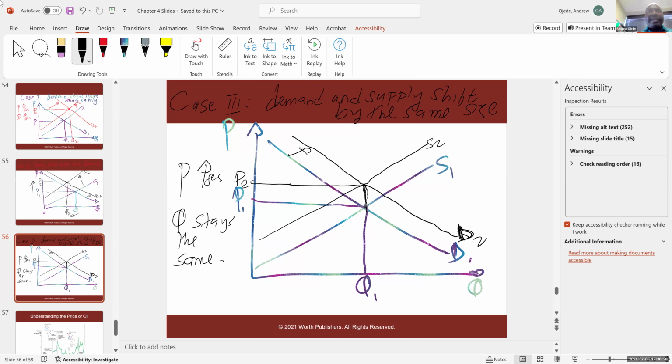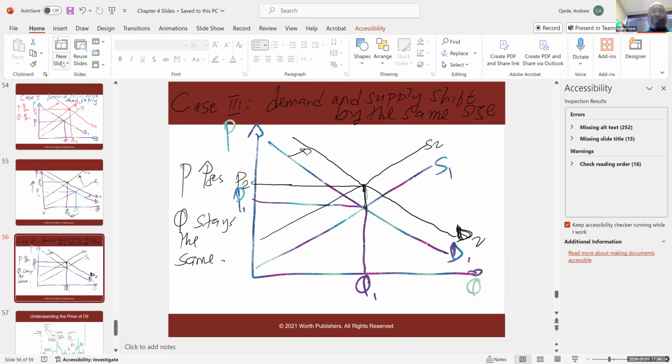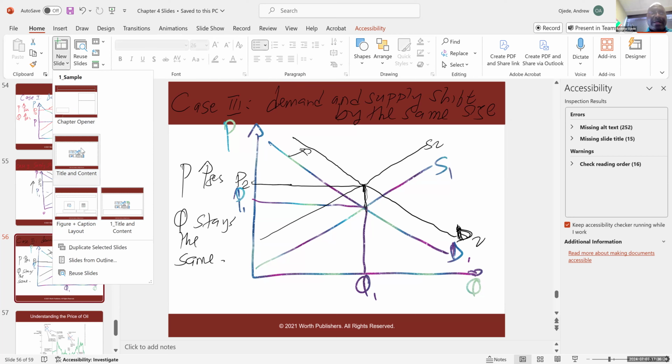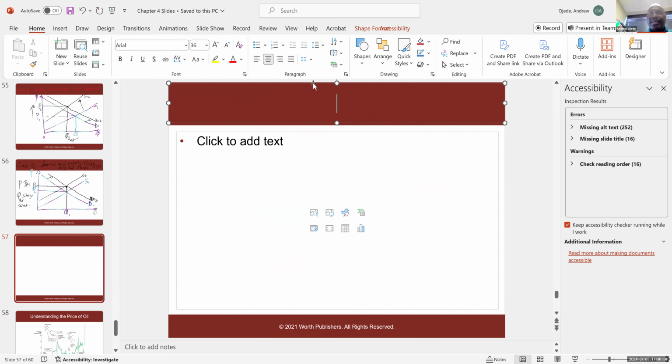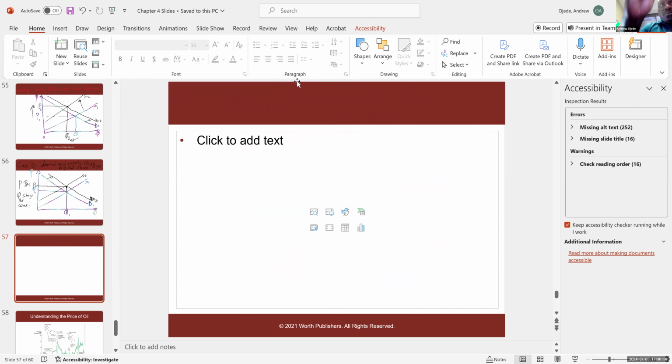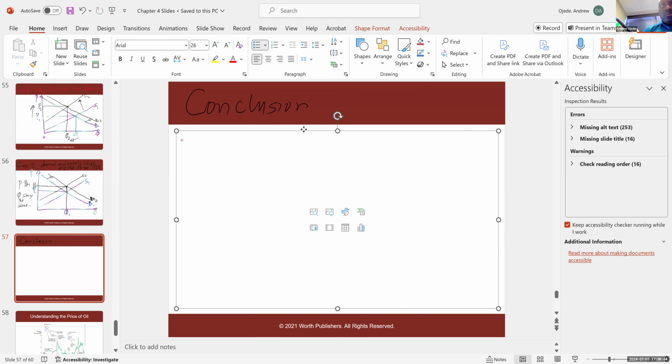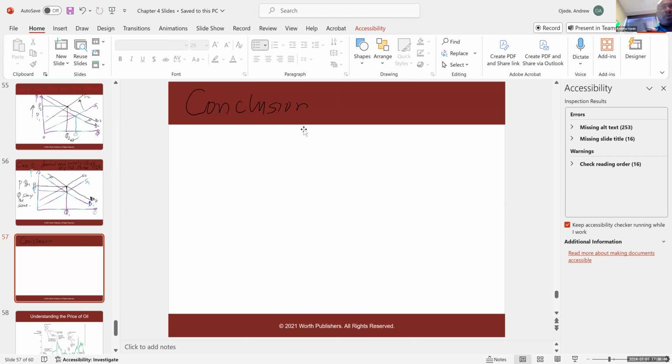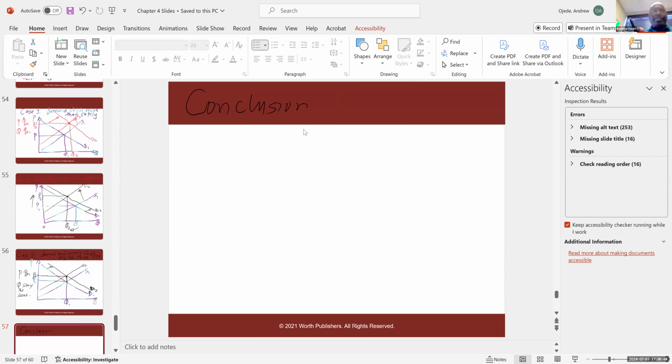After you have drawn all three cases and seen how equilibrium price and quantity behave in each, you now make a conclusion. So what do we see in all three cases?